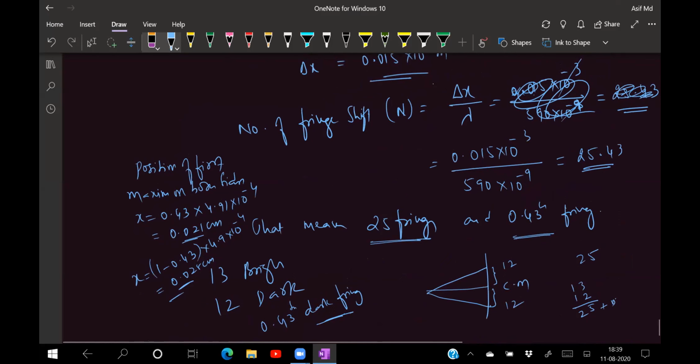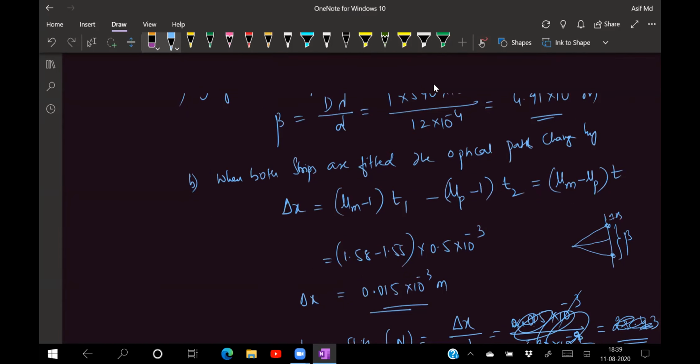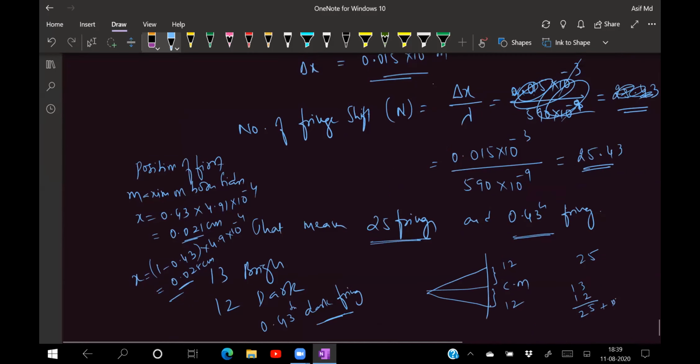So now what is asked is the position of the first maximum on both the sides. If this is your first bright, this is also your first bright. Beta value కదా. So position of the first maximum on both the sides means x = 0.43 × 4.91 × 10^-4.